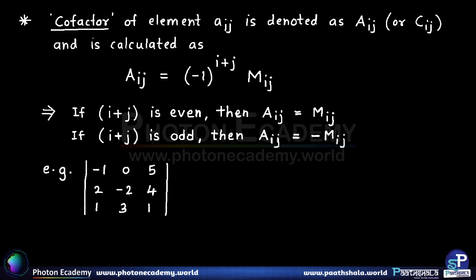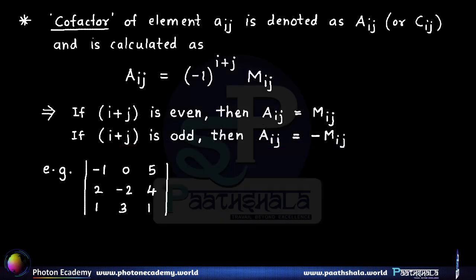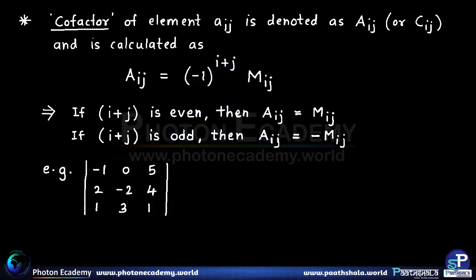On the other hand, if i plus j turns out to be an odd number, then -1 raised to any odd integer will be -1. In that case the cofactor will be the negative of the minor. So once we find the minors, it is just attaching the correct sign which gives us the corresponding cofactor.